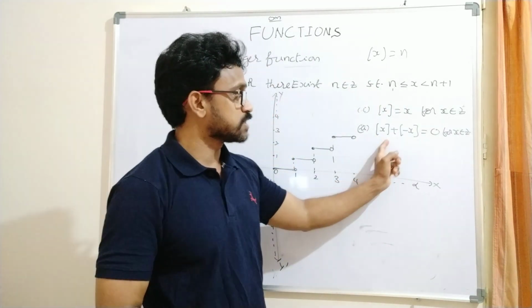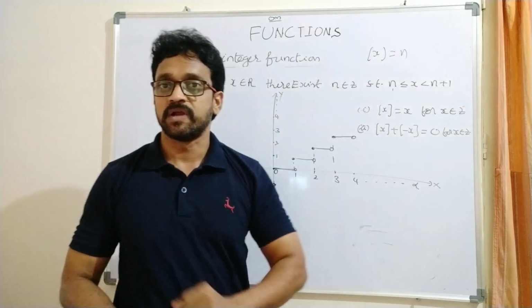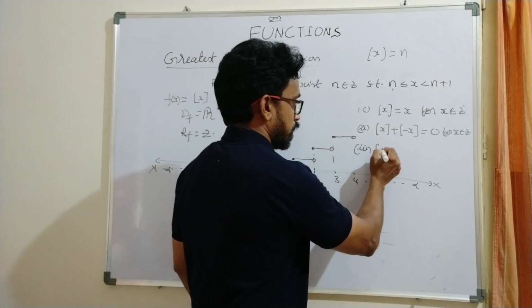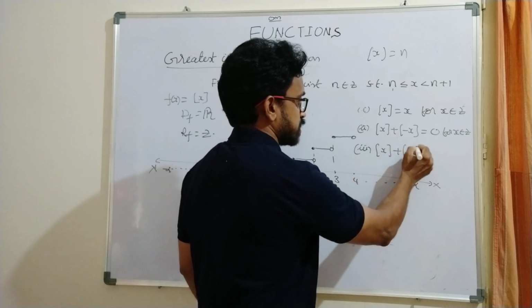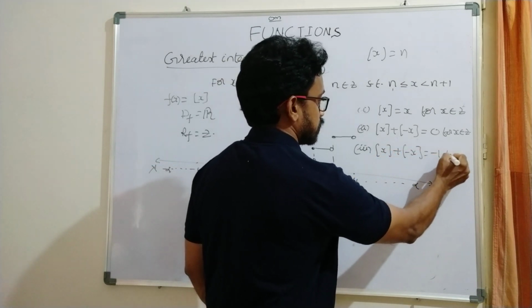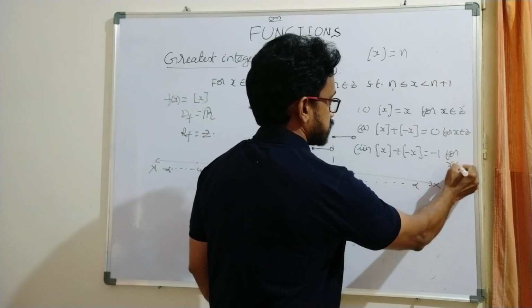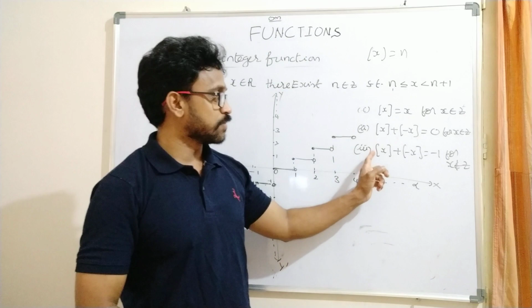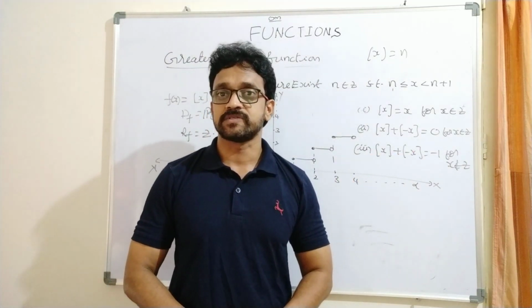So always step x plus step minus x value is 0 for x belongs to Z. And one more point, step x plus step minus x is equal to minus 1 for x does not belong to Z.